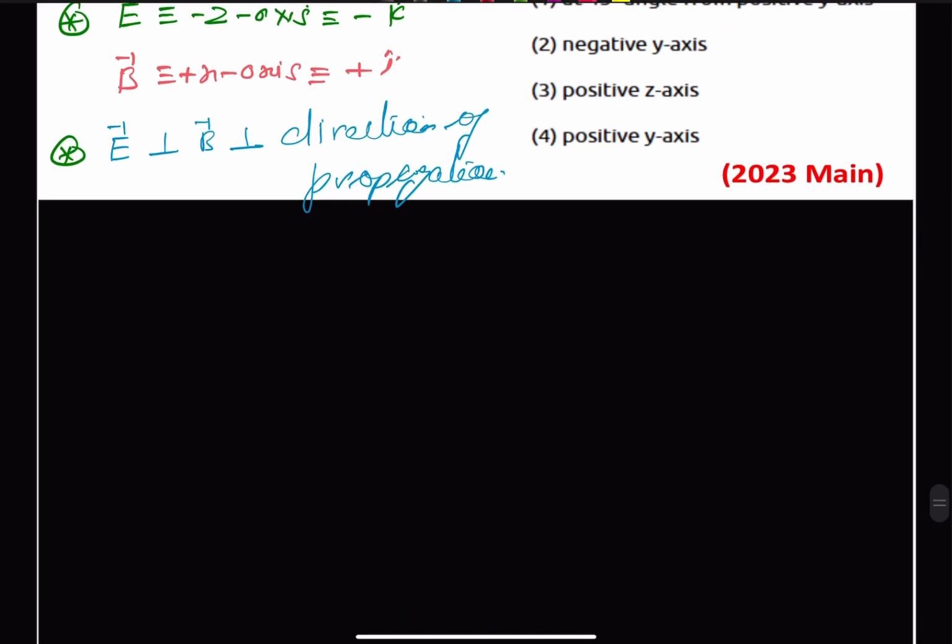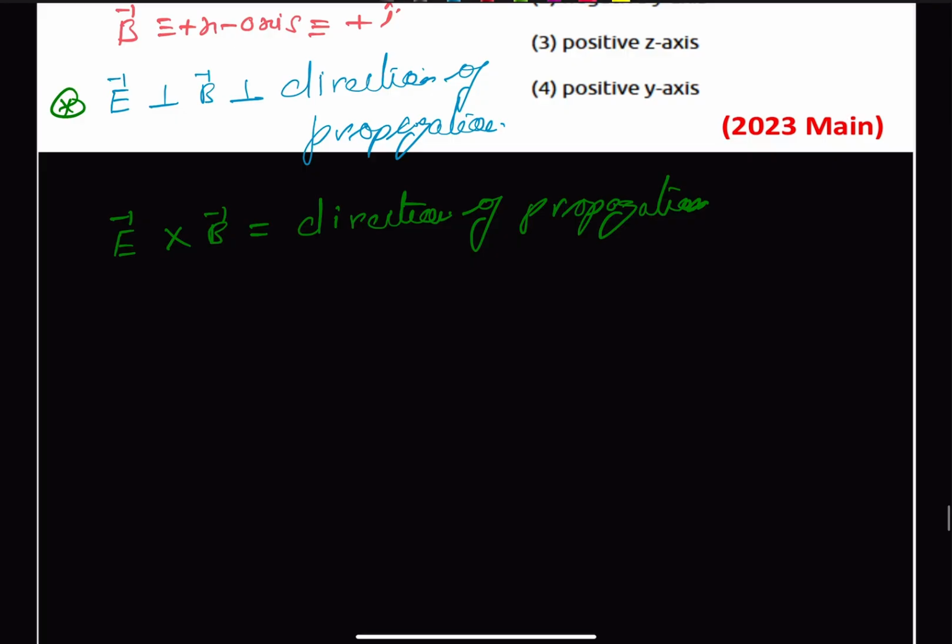In other words, the cross product of the electric field and magnetic field gives the direction of propagation.